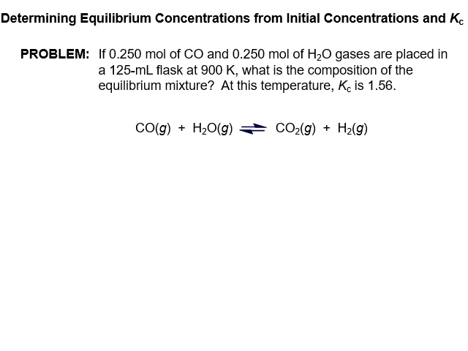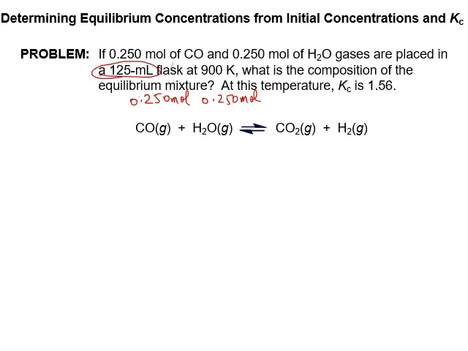If 0.250 moles of carbon monoxide and 0.250 moles of water gas are placed in a 125 ml flask at 900 Kelvin, what is the composition of the equilibrium mixture? At this temperature, Kc is given. So what the question tells me is I have 0.250 moles of carbon monoxide and 0.250 moles of water in a 125 ml flask.